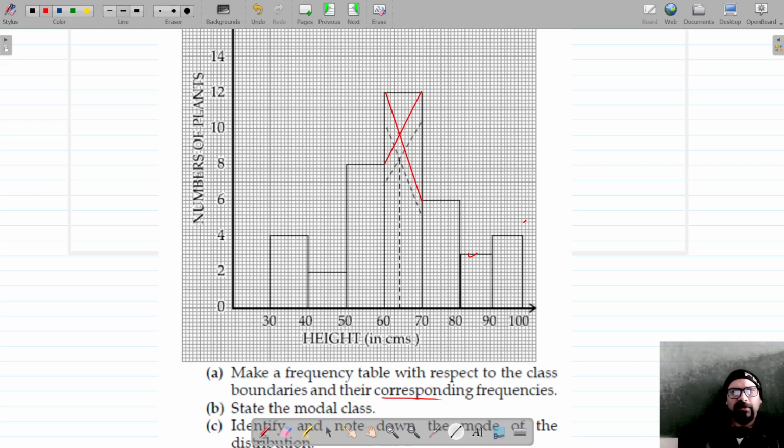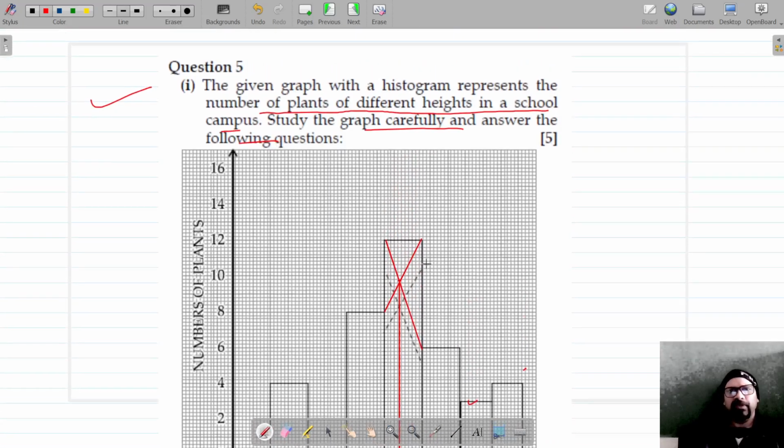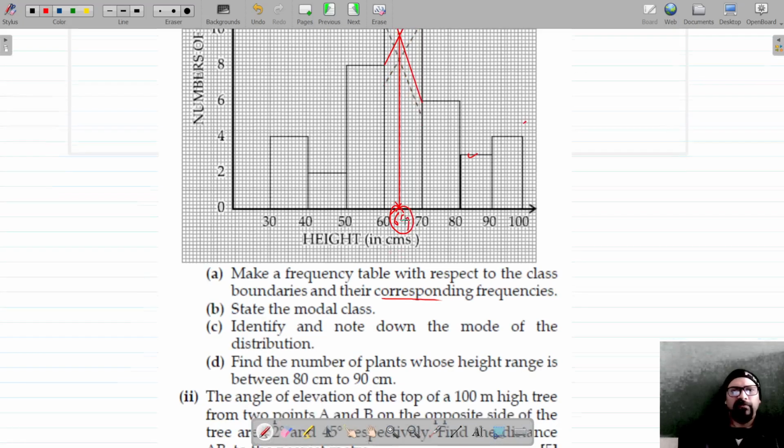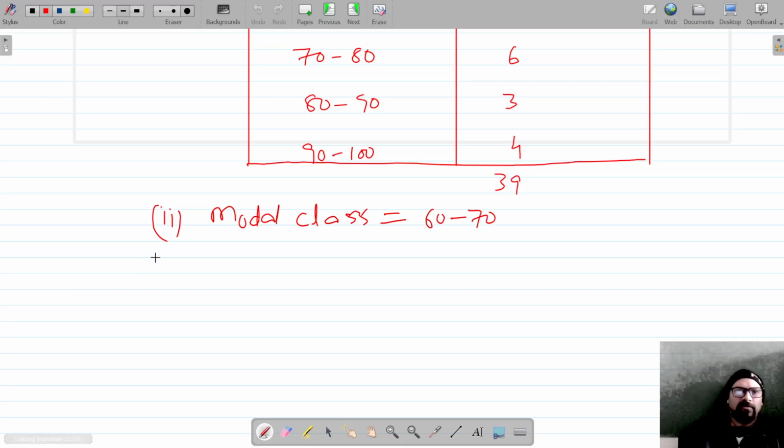These two lines intersect here. If we draw a perpendicular from there to the x-axis, it meets at 64. 60 to 70 has 10 divisions, so it's 1, 2, 3, and 4. That means it's 64. So the mode is equal to 64.